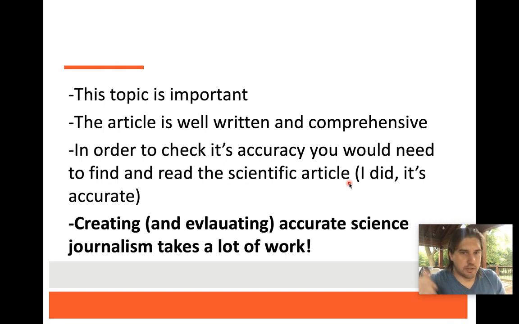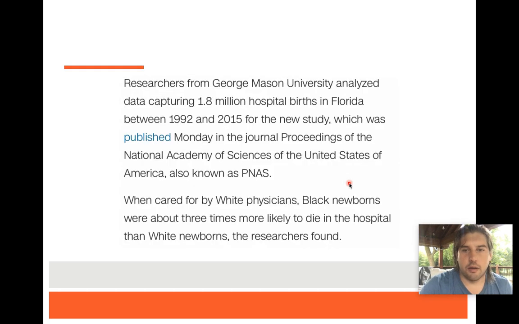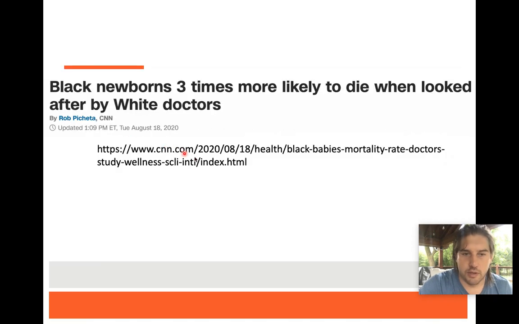And so the topic is important. The article is well written and comprehensive. I checked the accuracy of it, and it's pretty accurate. It's a very good example of science journalism. So if you want to read the actual article itself, you can click on this hyperlink that's within this link.